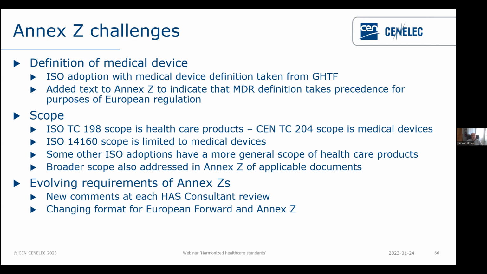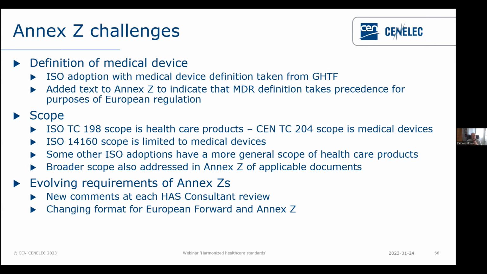The second aspect, which didn't cause us a problem for this, is that the scope of the ISO technical committee that's producing the ISO standards is wider than the scope of CEN TC204. So ISO TC198 has a scope of healthcare products. In terms of 14160, that didn't give us a problem because the scope of the standard was limited to medical devices. But some other ISO adoptions have the more general scope of healthcare products.